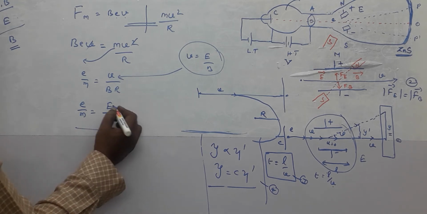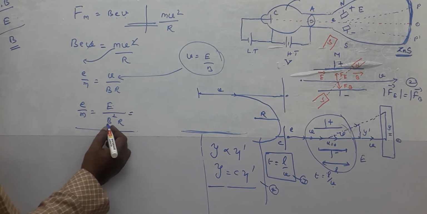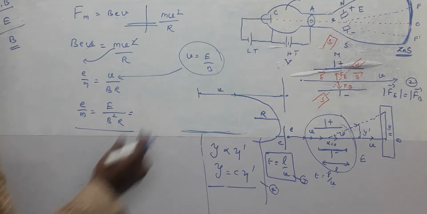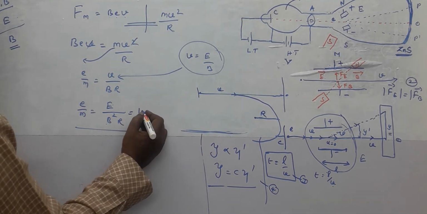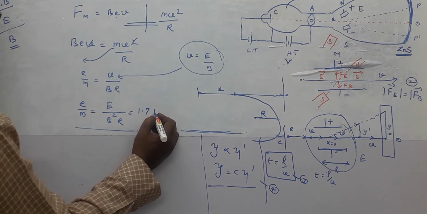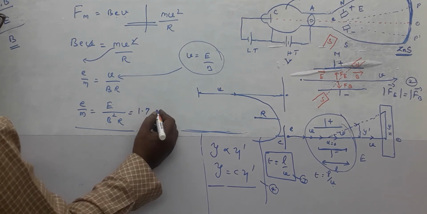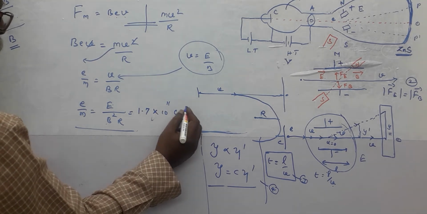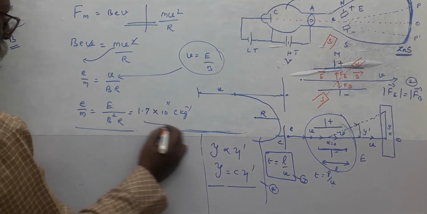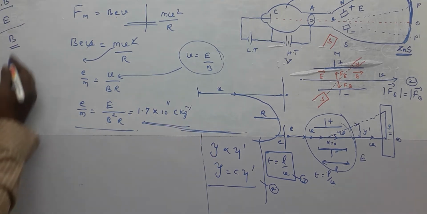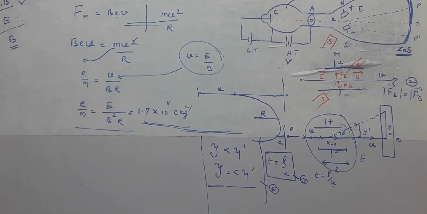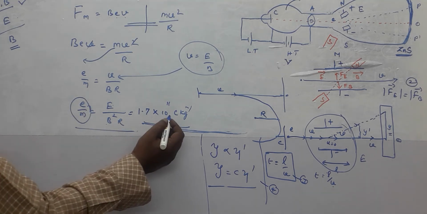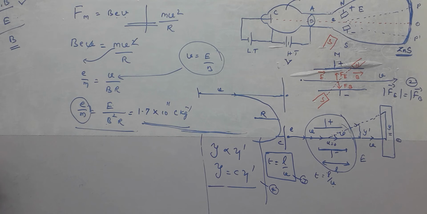Substituting the known values of the electric field, magnetic field, and the radius of the semicircle, he got the value 1.7 × 10^11 coulomb kilogram^-1. So whether applying electric and magnetic fields together, the specific charge is 1.7 × 10^11 coulomb per kilogram.